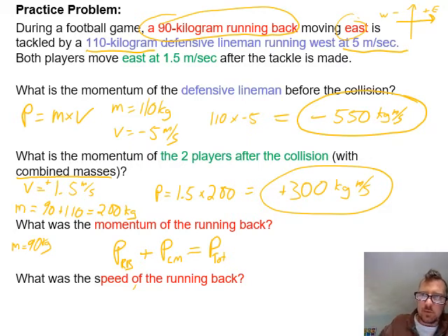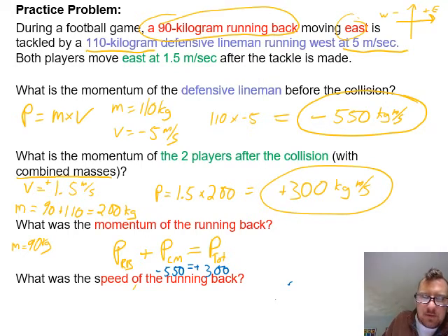In this case, we have a total momentum of 300. I have a lineman momentum of -550. So how could you end up doing this math where the momentum of a running back collides with the momentum of a lineman and the result is a positive momentum for the two of them?